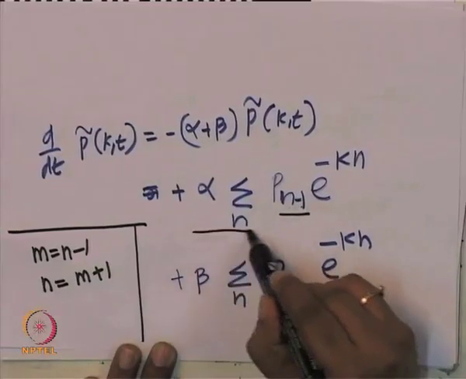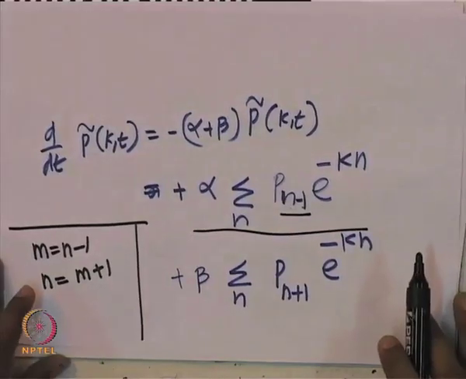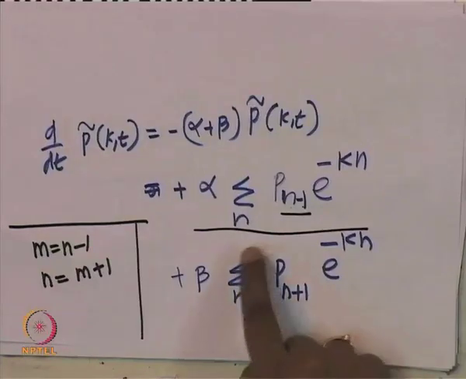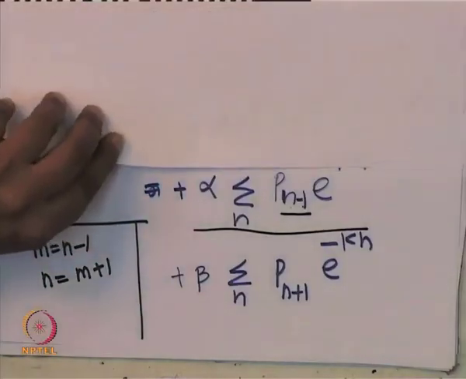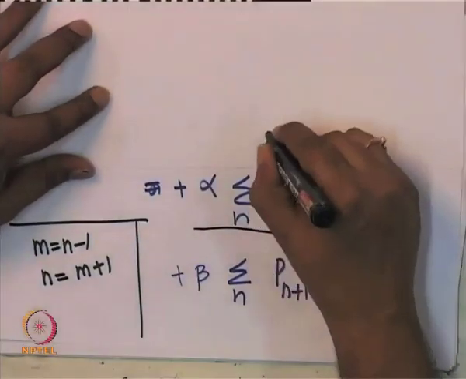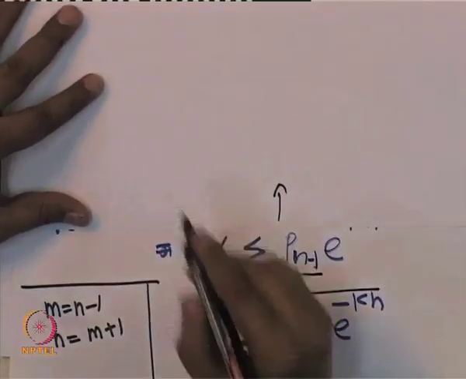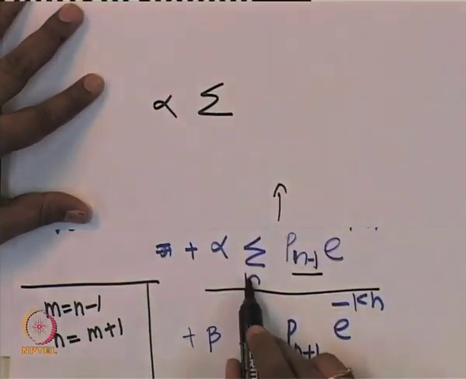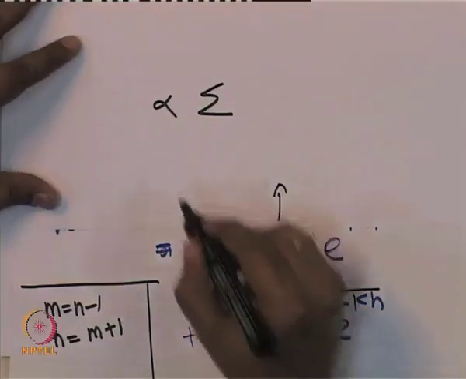Let us look at this term only. If we look at this term carefully, what does it give? Alpha sum over n, and now this has become m.